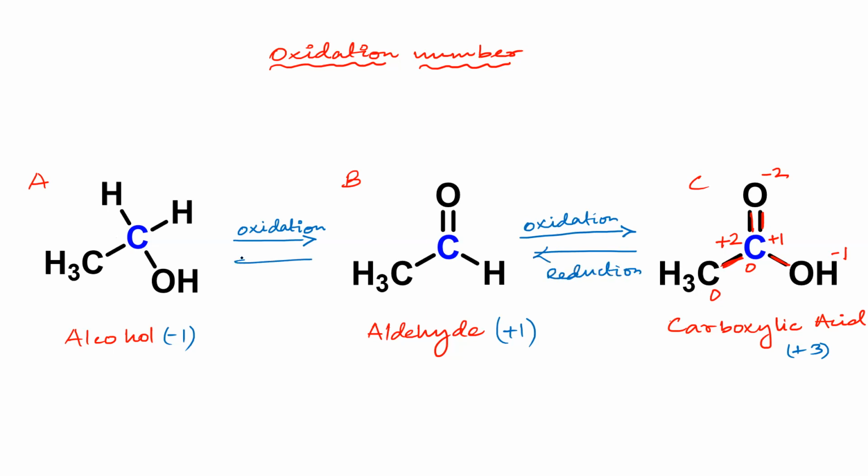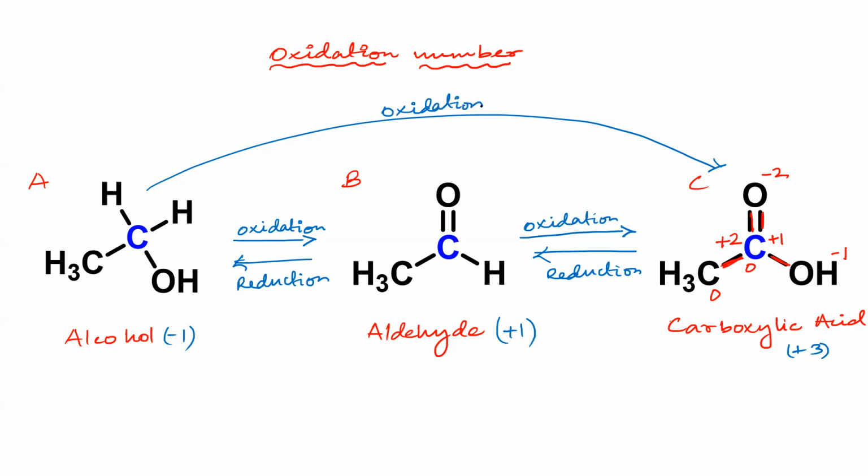And aldehyde to alcohol also is reduction. And if I go from alcohol to carboxylic acid, it is also going to be oxidation. But if I move from alcohol to carboxylic acid directly, it means I have to use a strong oxidizing agent. Is it right? Yes or no?